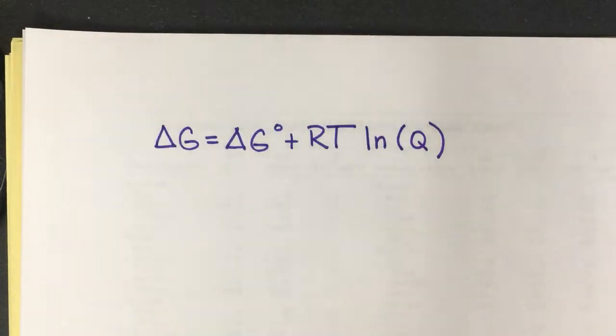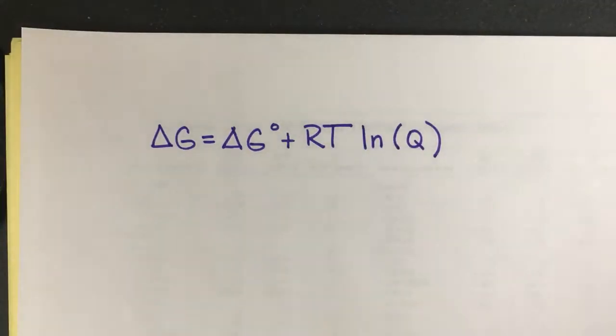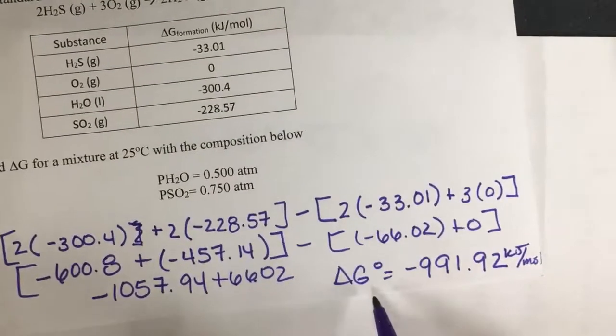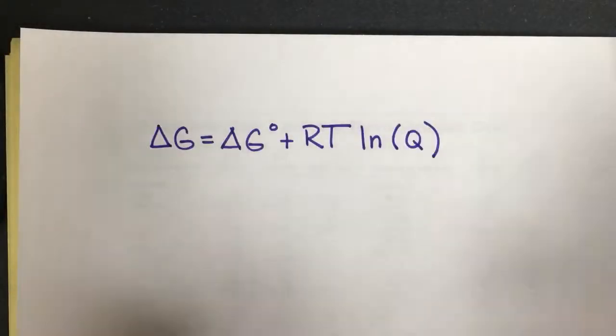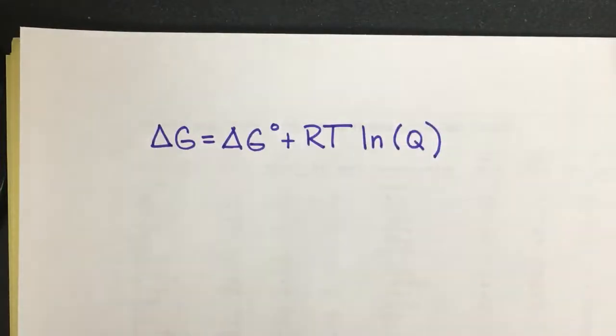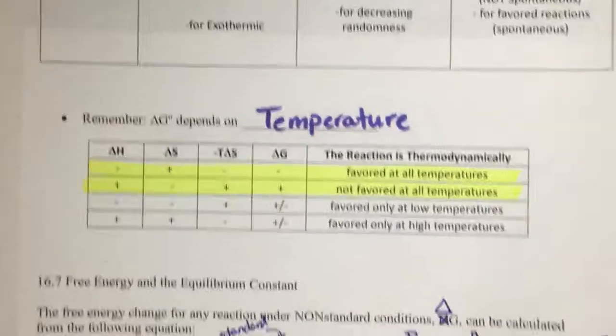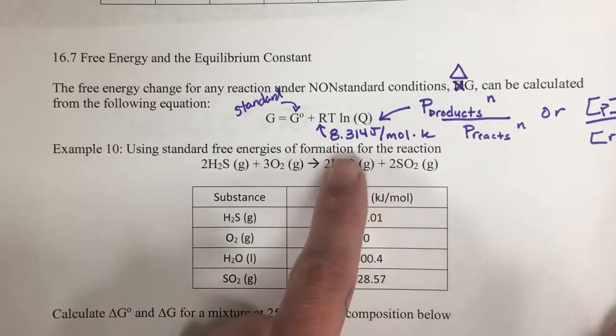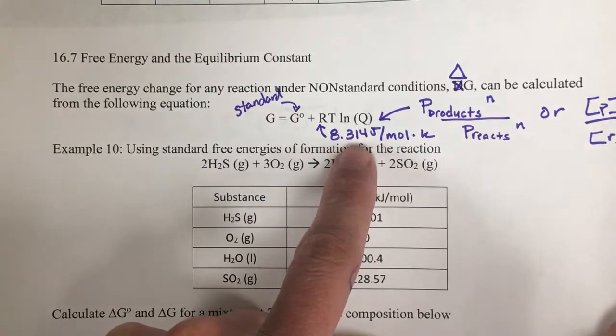So what I'm going to do first is, well, here's the problem. My delta G is going to be in kilojoules. My R is in joules.